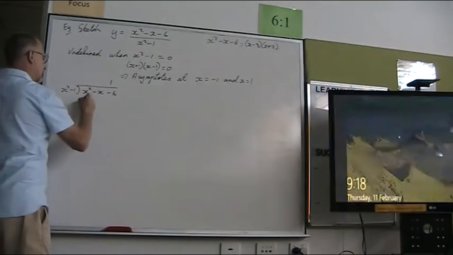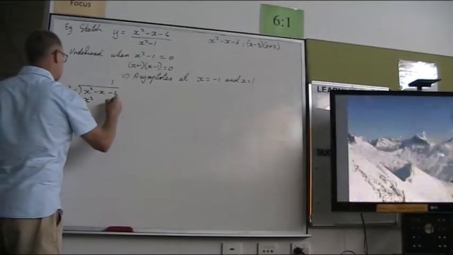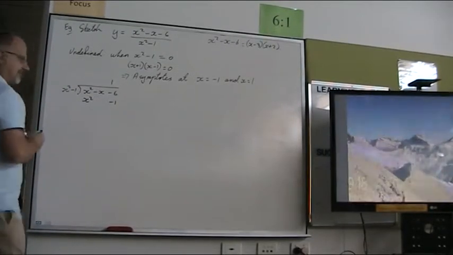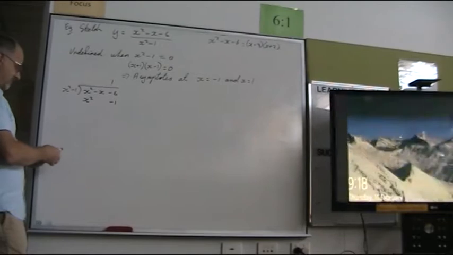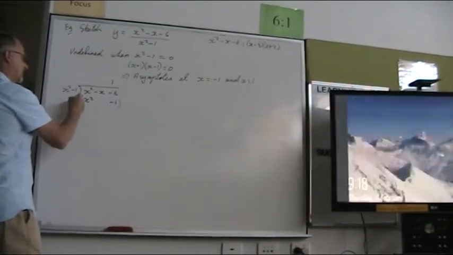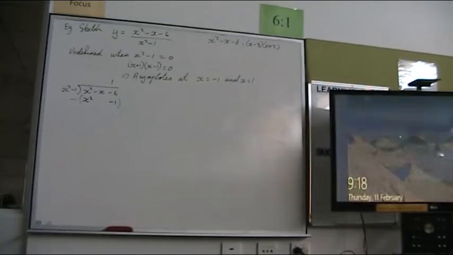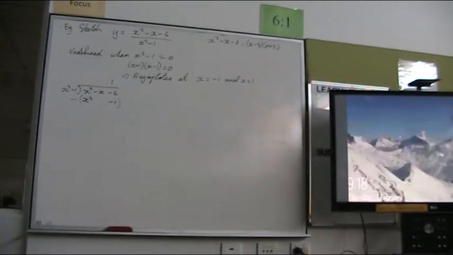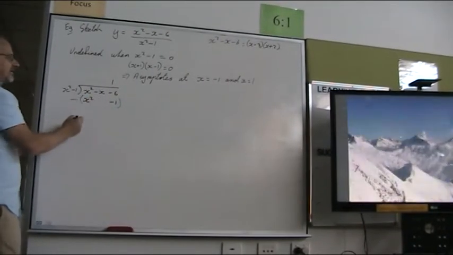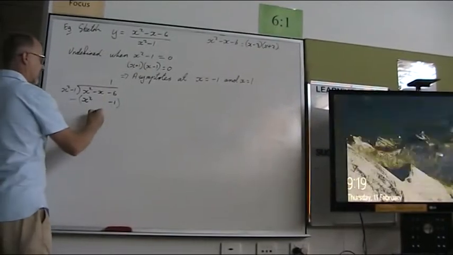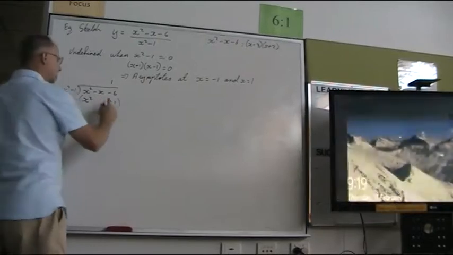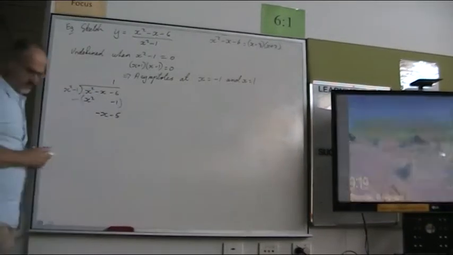Then 1 times x squared is x squared, 1 times -1 is -1. Put that under the 6, just so that I've got my x terms underneath each other. So x squared minus x squared is nothing. We've still got minus x there. Minus 6, a minus and a minus is a plus. So it's minus x minus 5.